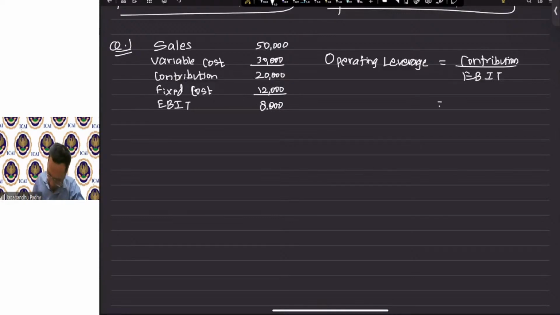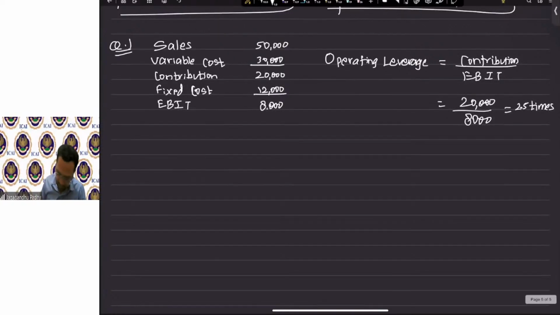Contribution is 20,000 and your EBIT is 8,000, which is 4 times. Sorry, not 4 times, 2.5 times. Your EBIT is going to be impacted 2.5 times of the impact from the sales.